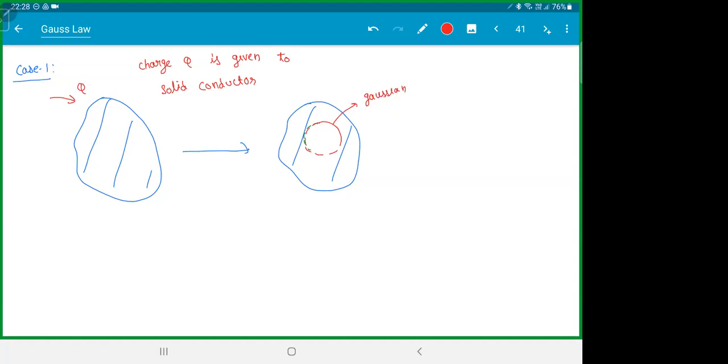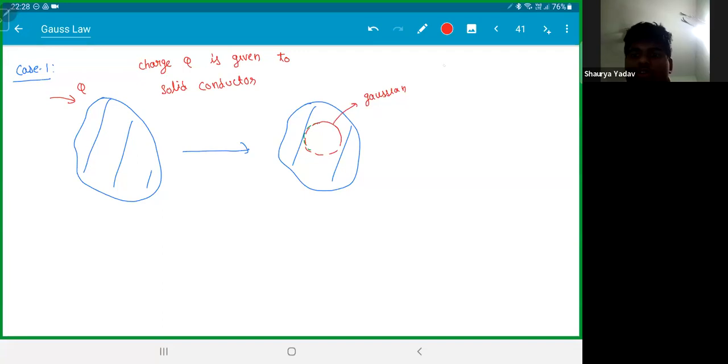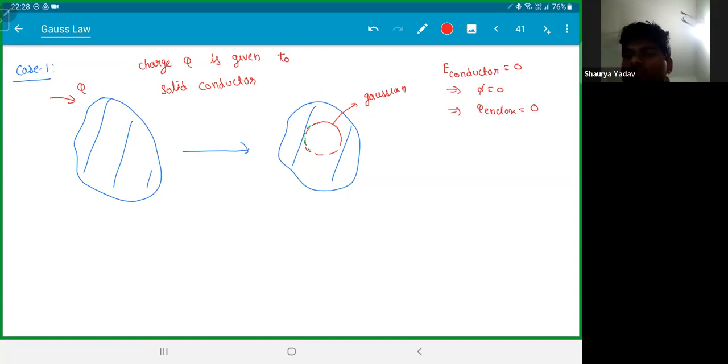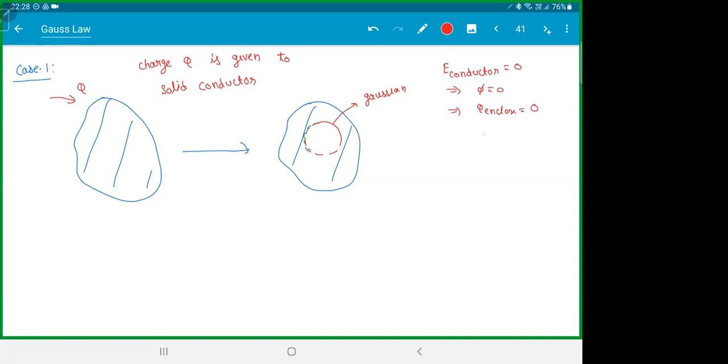What is the field inside the conductor? 0. So what is the flux? 0. Therefore, what is the charge enclosed? 0. That means there should be no charge inside the conductor, no? So if you give a charge Q to a conductor, there can be no charge in the bulk of the conductor.